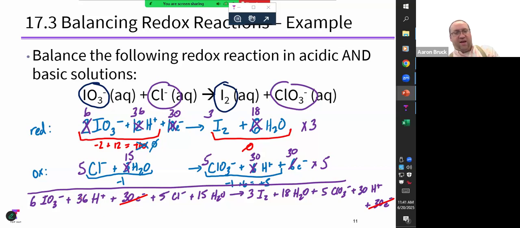The hydrogens, I have 36 in the reactant and 30 in the product. So those 30 in the product don't go there. Take away the 30 from here, that leaves us just 6. And I have 15 water and 18 water on the product side. So those 15 waters go away, and that reduces the 18 down to 3.